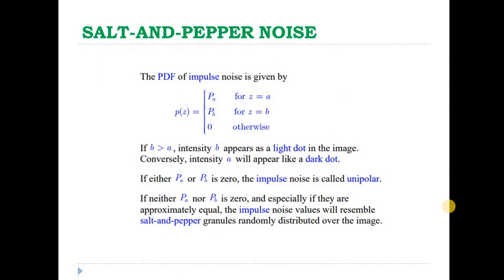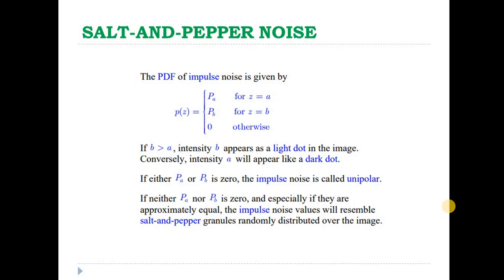Now let us come to salt and pepper noise. This is otherwise called impulse noise. Here when z is equal to a, P(z) is equal to Pa. When z is equal to b, P(z) is equal to Pb, and 0 otherwise. Now if b is greater than a, the intensity b appears as a light dot, that is, bright.